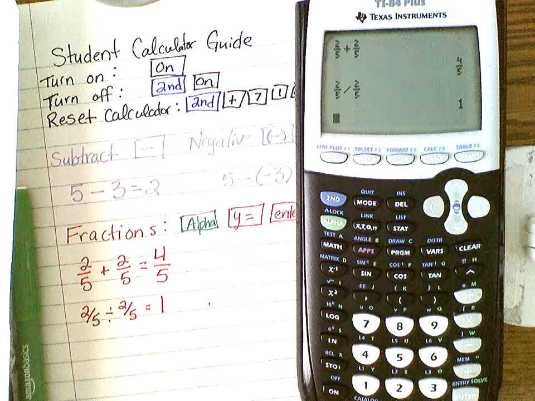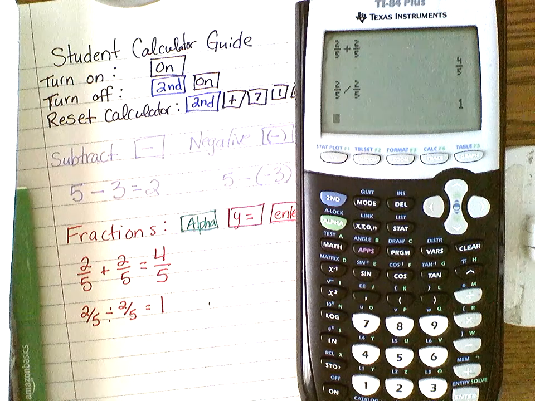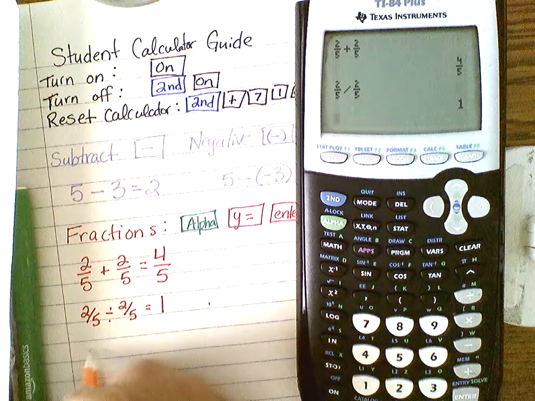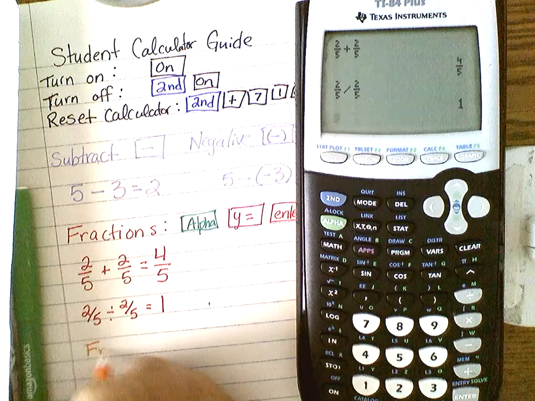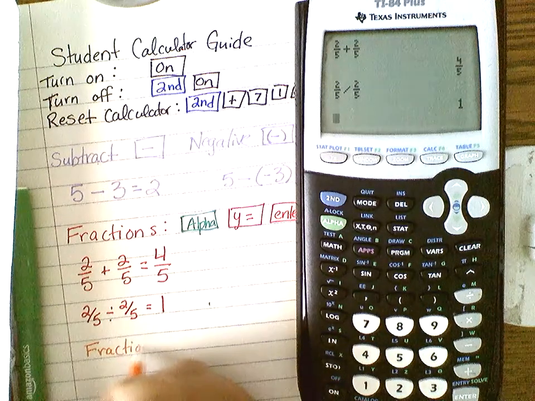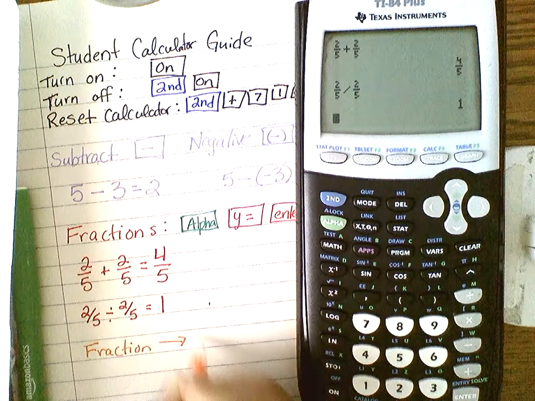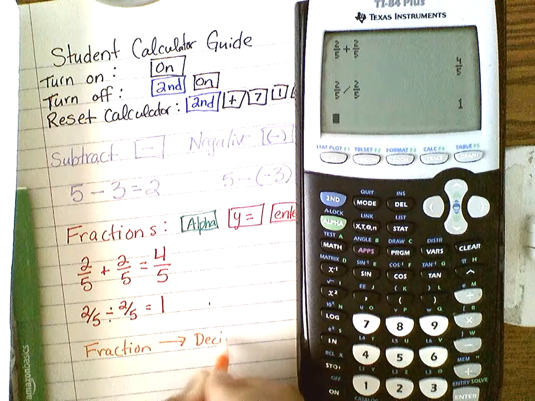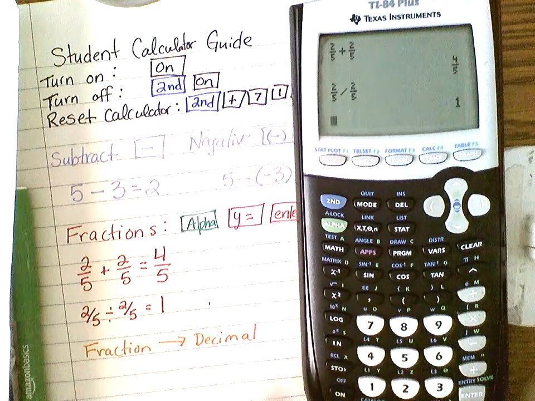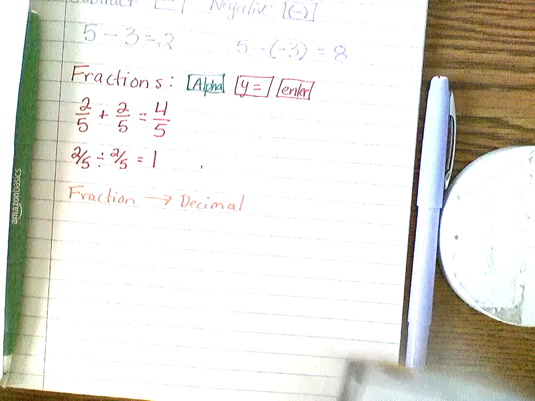Okay, so now this leads me to our next topic, which is turning a fraction into a decimal. We can do that 2 ways.